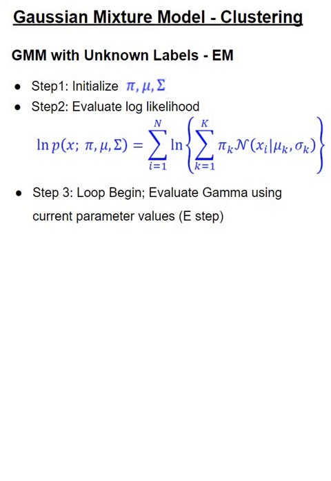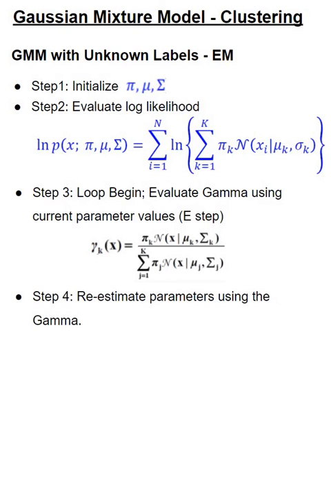Step 3 is we begin a loop and we evaluate the gamma using the current parameters. This is the same gamma equation that we saw earlier, and that will give us a vector of k dimensions for each data point, indicating the probability that a data point belongs to that cluster. Next is step 4, where we estimate the parameters using the gamma.